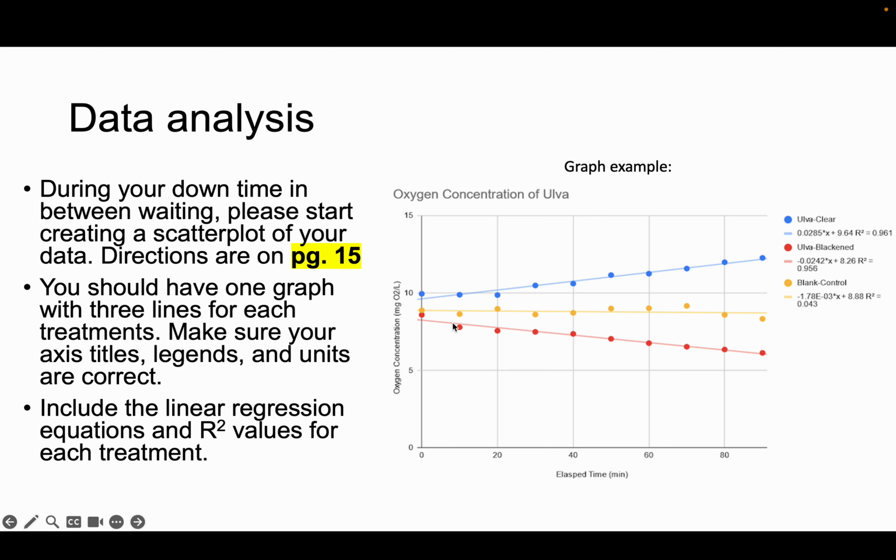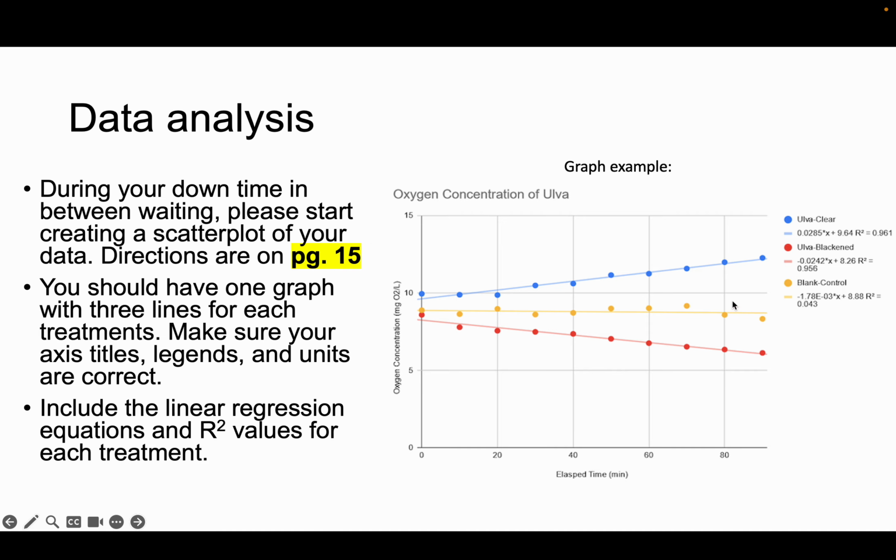The ova that is in the darkened jar should be showing a decline in oxygen over time because it's getting less light, and as a result, it's going to resort to performing more cellular respiration than photosynthesis. So oxygen levels probably will drop within the 1 hour time. Now, the blank control jar, its line is somewhat stable, but there is a slight increase. Think about why the blank jar may show a slight increase over time, and we can discuss this in class together.